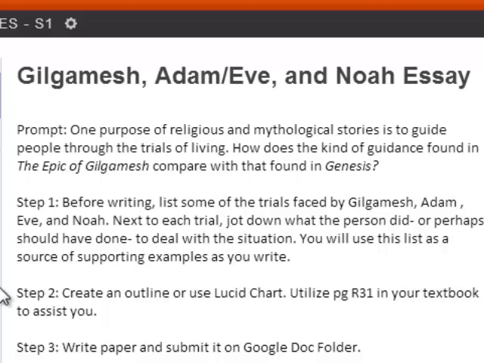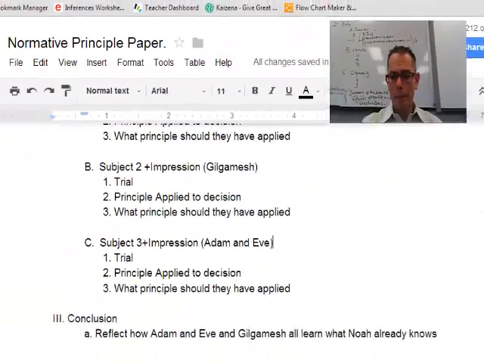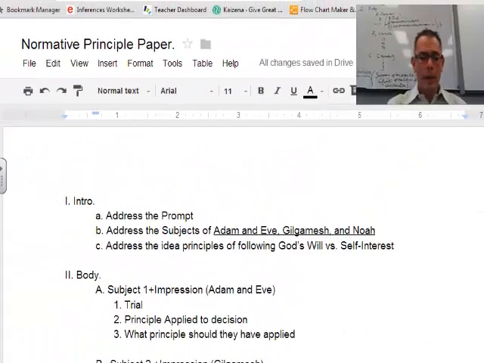First off, if I take a look at this document. What we're going to be doing is a subject by subject type of paper, instead of going by principle by principle. I just feel that the paper might flow a lot easier for a lot of you, and this particular type of compare and contrast paper might make a lot more sense to you.